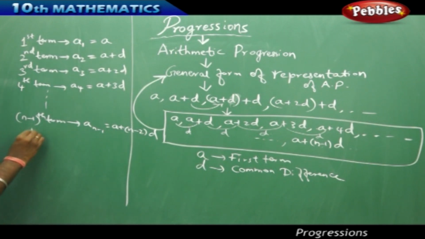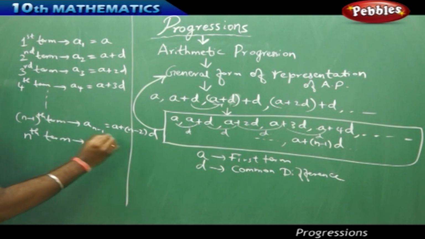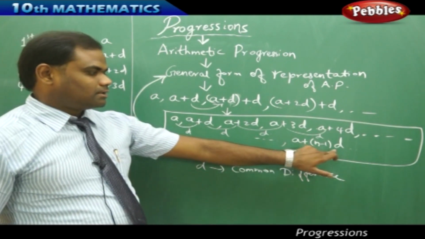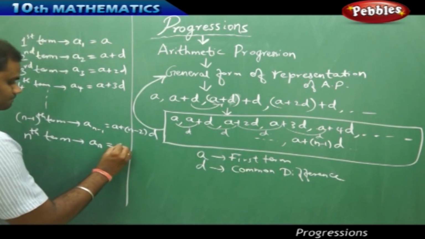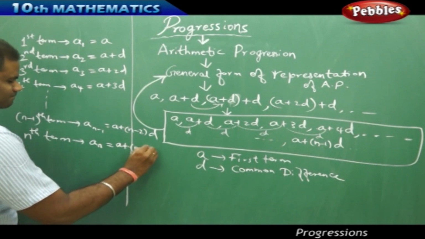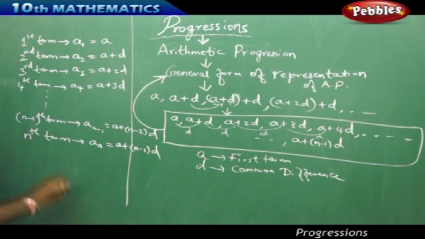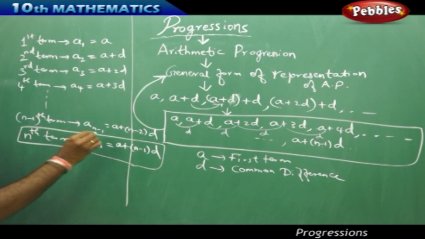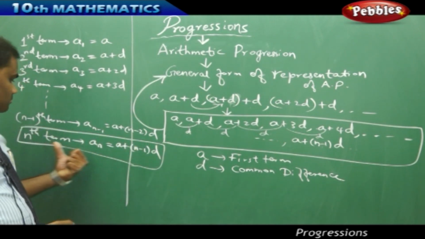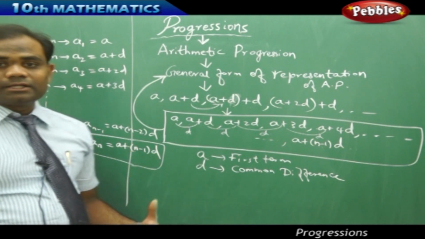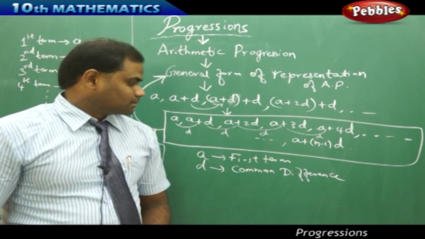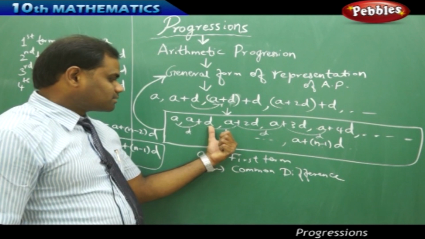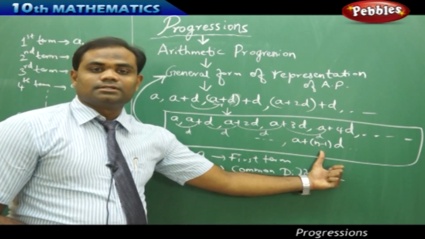So finally, my last term, which is the nth term, is an equals a plus n minus 1 times d. Is how we identify the formula in general. The nth term is an equals a plus n minus 1 times d.